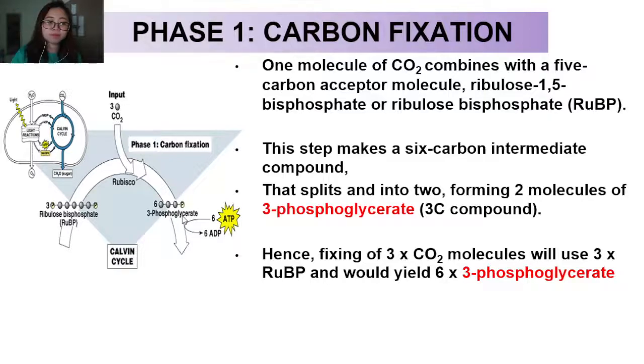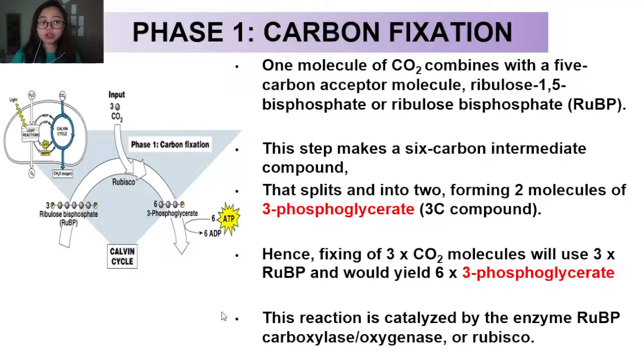Ulang step ini 2 kali, so that we use 3 molecules of carbon dioxide for 3 molecules of RUBP, and we have 6 molecules of 3-phosphoglycerate. That is what is meant in this segment.